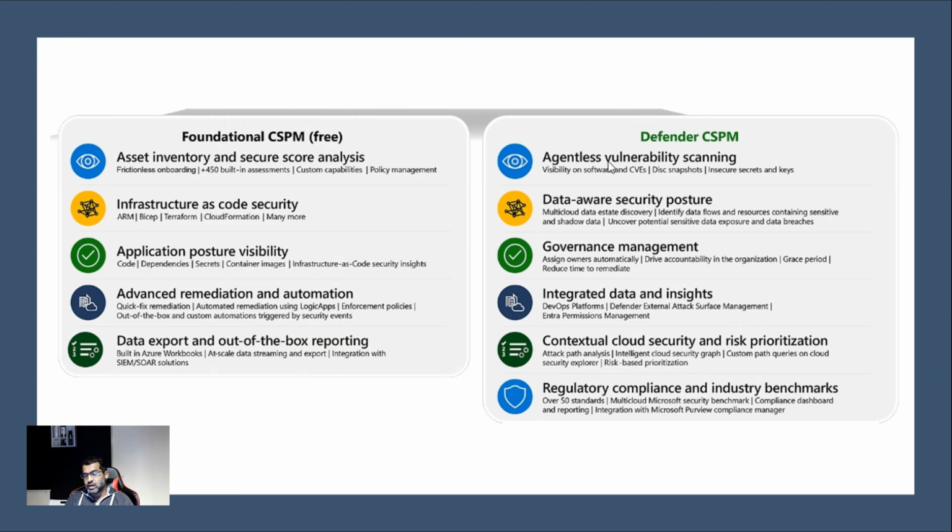And with Defender for cloud security posture management, you get agentless vulnerability scanning, visibility into the software and the CVEs, disk snapshots, and insecure secrets and keys. So these are the differences you see based on the two versions you have right now, and then you'll be able to utilize them.